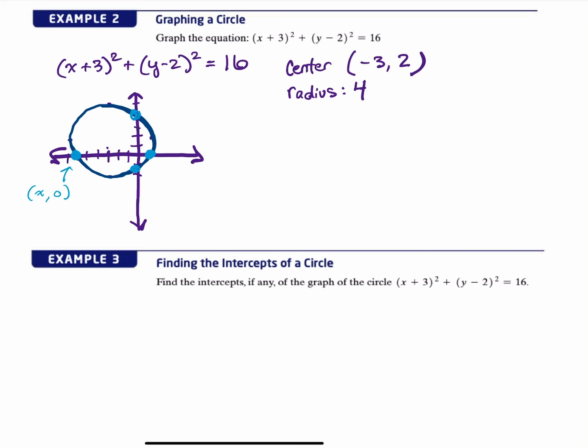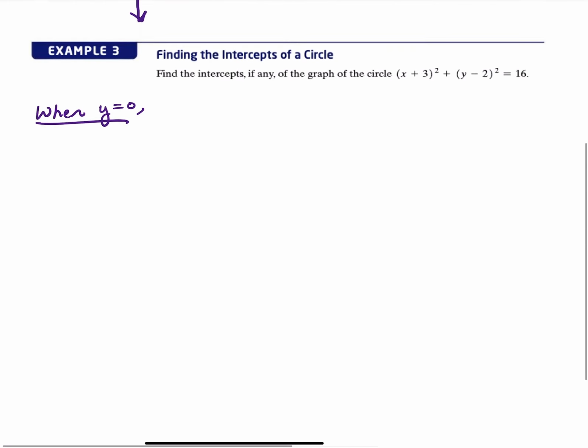So if we want to find the x-intercepts, just set y equal to 0. When y equals 0, I'll replace the y with a 0 in our equation. So we have (x + 3)² + (0 − 2)² = 16. Now we just need to solve for x.